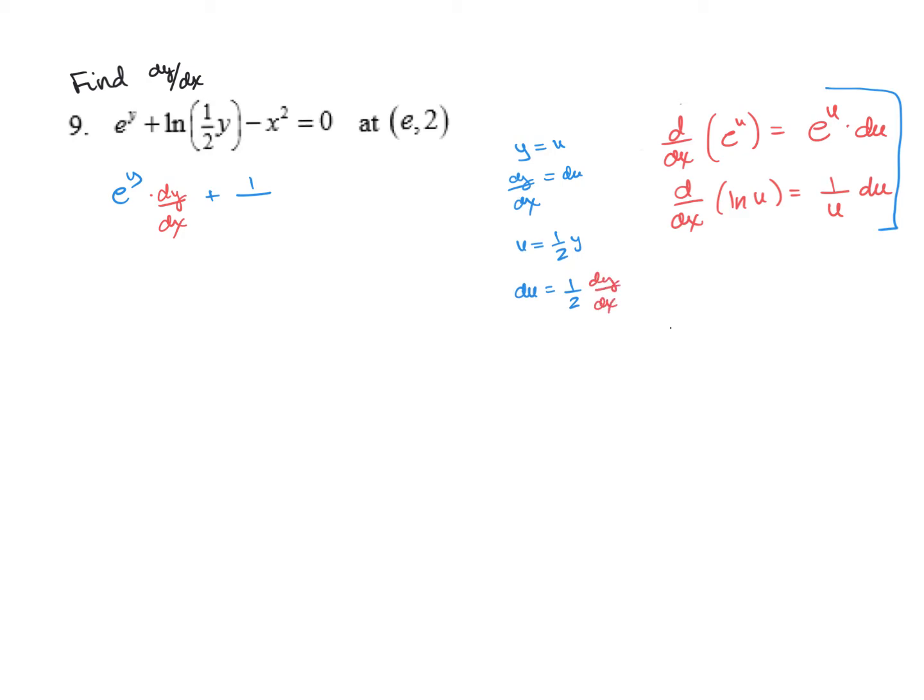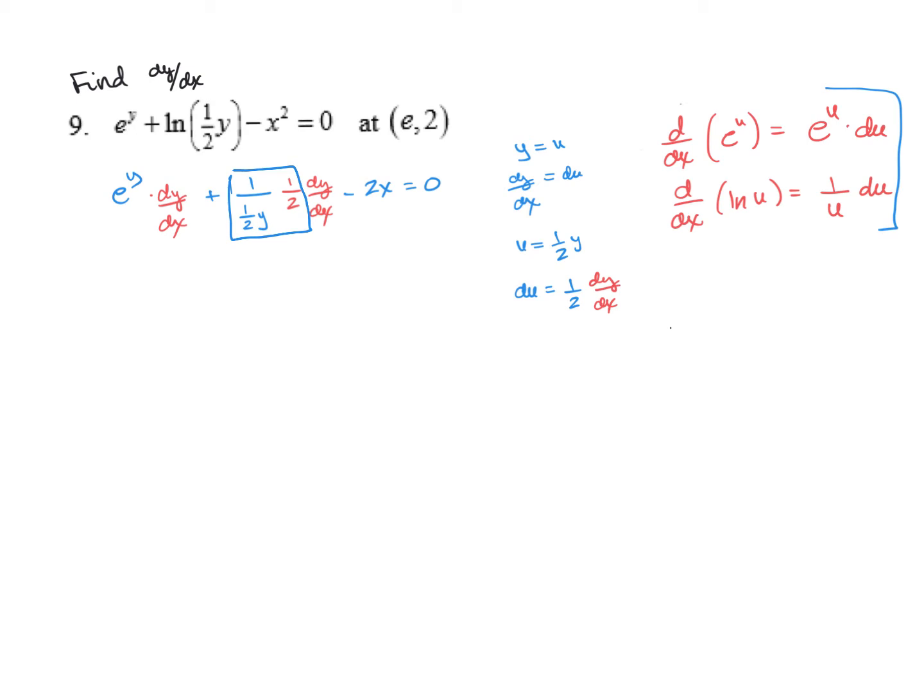So 1 over u is 1 over 1/2 y, and we're going to multiply that whole thing by 1/2 dy over dx. And then minus 2x, and the derivative of 0 is just 0. And remember, that's 2x dx over dx, since we're taking derivative with respect to x, so we don't have to write that. I know that you guys do not want to mess with that.